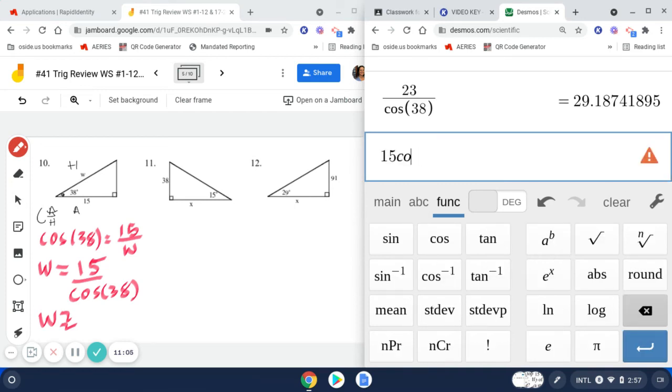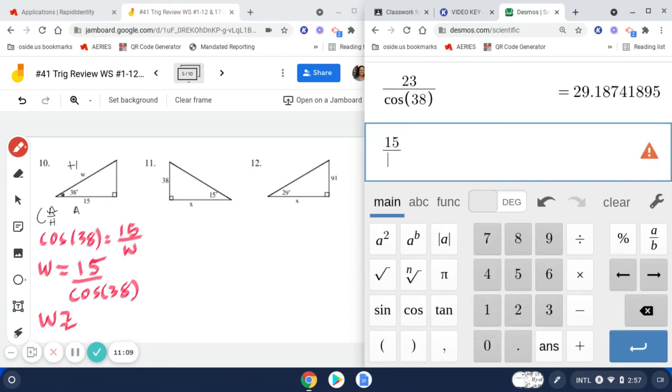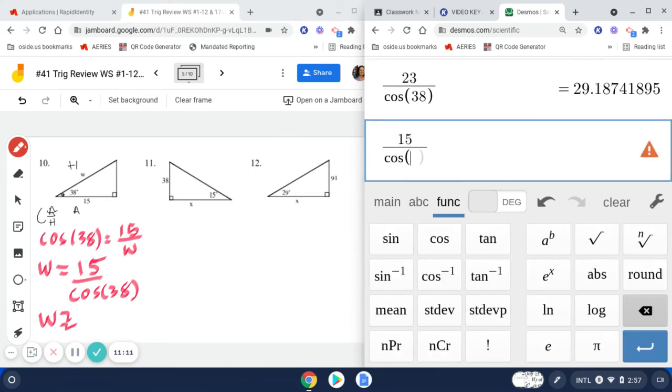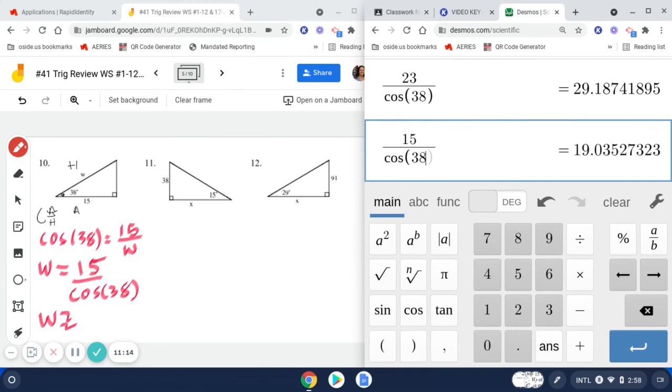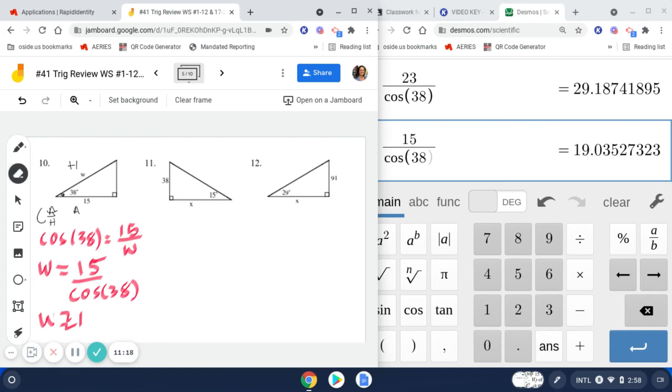Divided by cosine of 38 gives me 19.04 U for units.